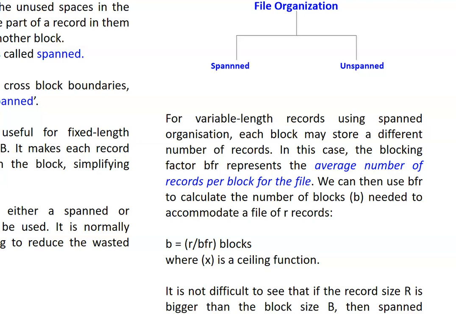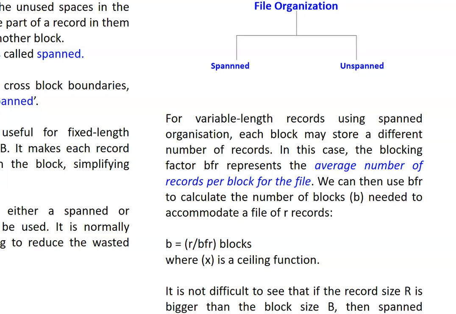And we are saying that for us to know the number of blocks that you will need to store the records, especially where you have variable length, because these are variable lengths, they are not fixed, the equation is b = r / bfr.